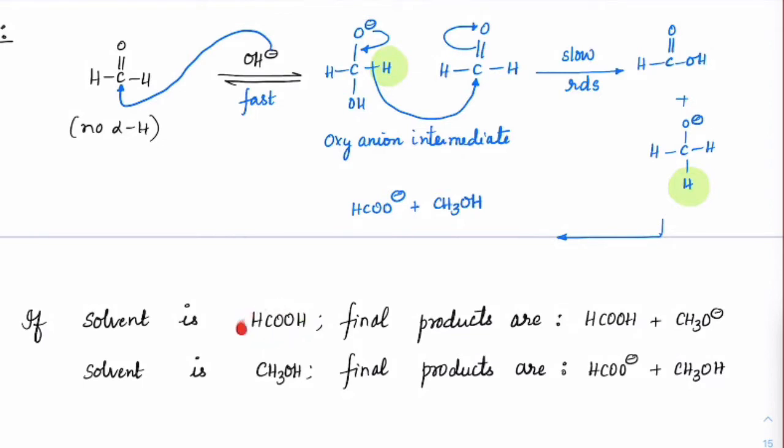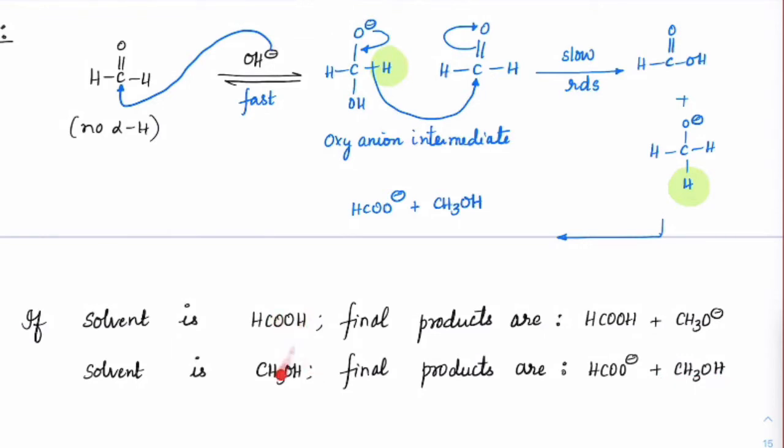Suppose I use HCOOH as the solvent, it will keep taking away this H plus, and finally the products would be HCOOH and CH3O minus. But if the solvent is CH3OH, we will have HCO minus and CH3OH as the final products.